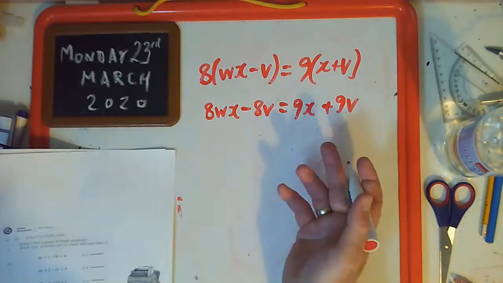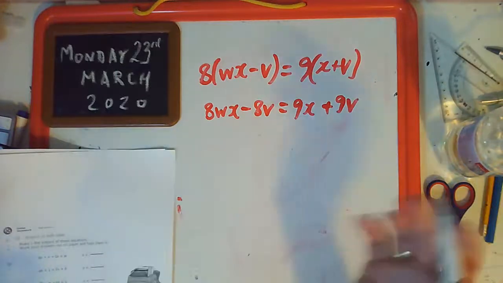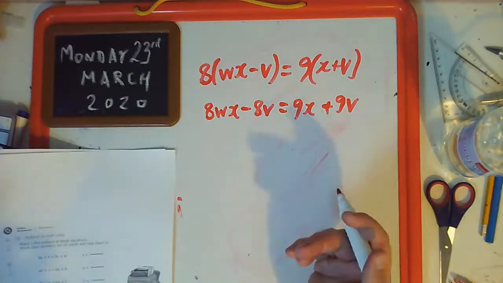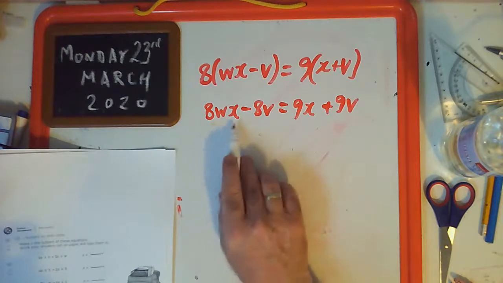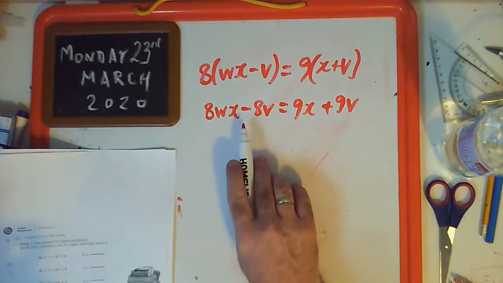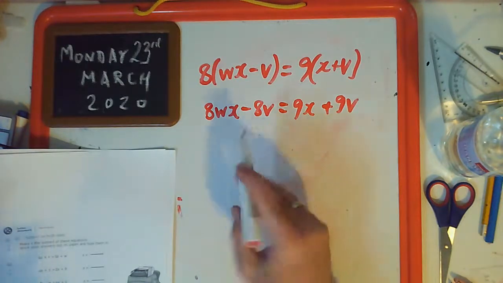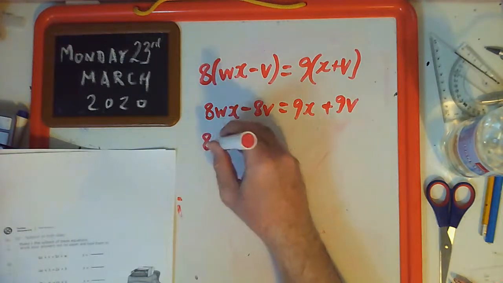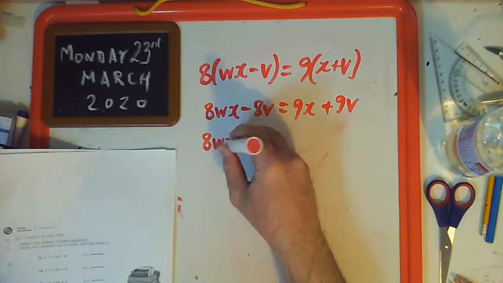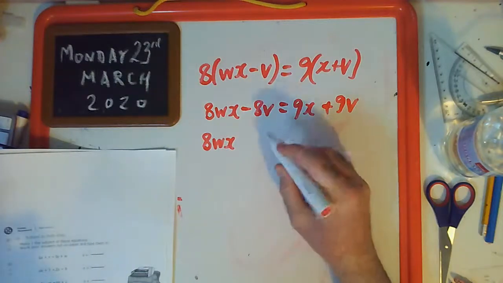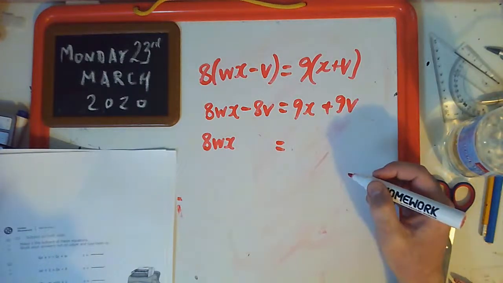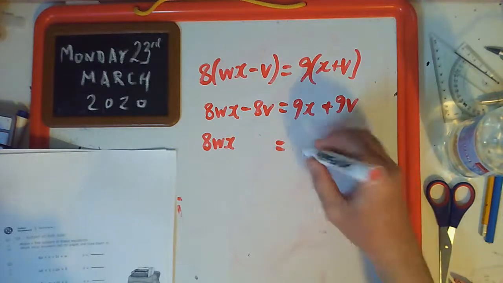So now that I've multiplied it out, I can start moving the individual terms about and putting all of the things with x on one side and all of the things that don't have x on the other side. So here I've got 8wx, so that's got an x in it, and then minus 8v, that hasn't got an x in it. I'm going to try and get this 8wx on its own because it's got an x in it. So I'm going to add 8v to cancel out the minus 8v.